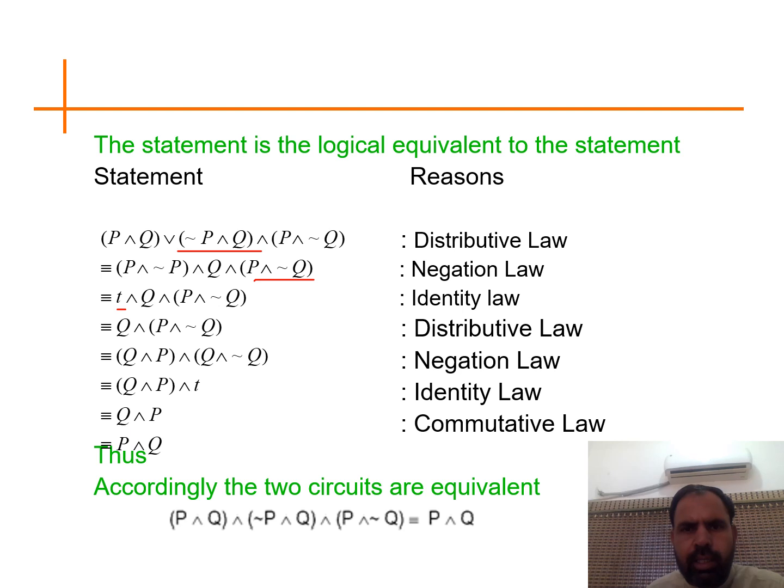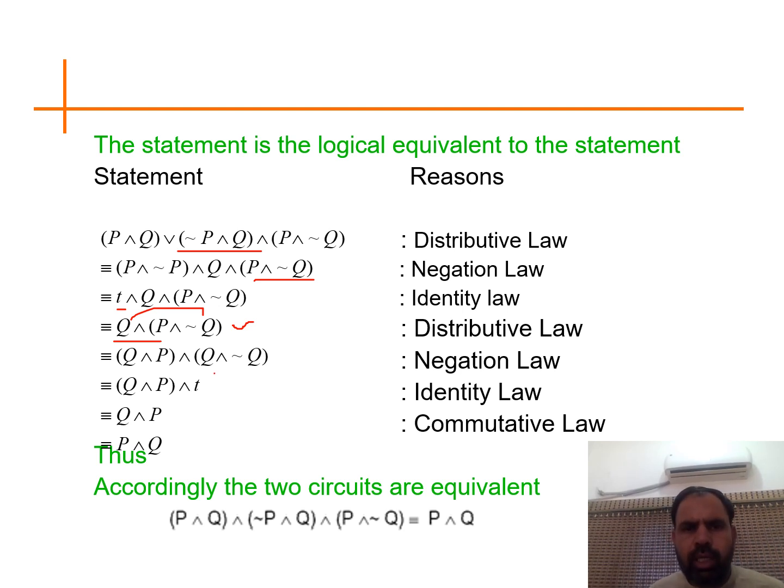Now by the identity law, the tautology and Q becomes Q, and P or negation Q. Now again we use the distributive law on this expression. This will become Q and P, or Q and negation Q. So this is our distributive law we already discussed.